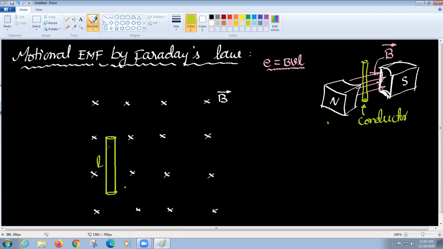Now, whenever the conductor is cutting the magnetic lines, or whenever the magnetic lines cut the conductor, it's a relative action.